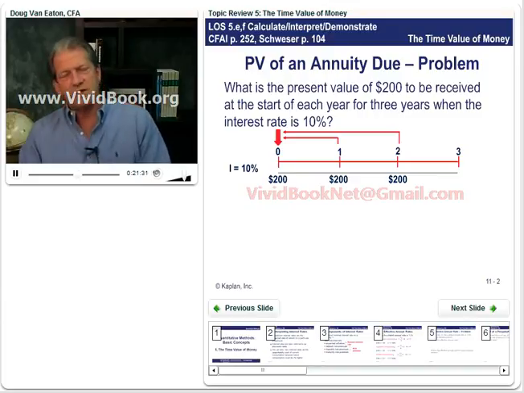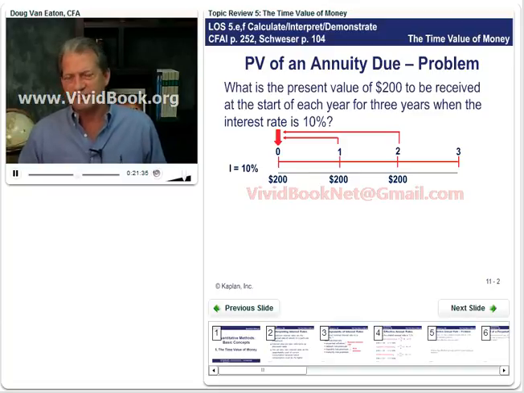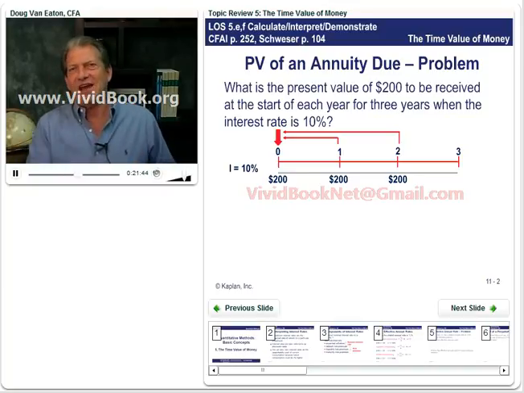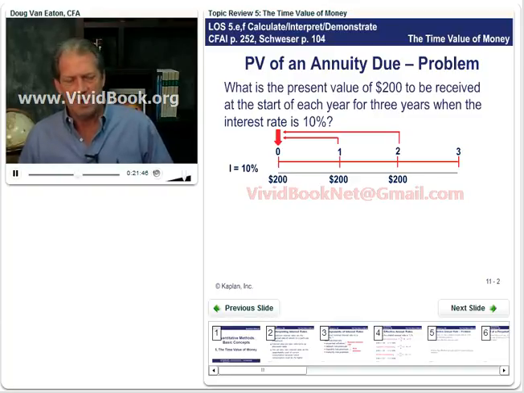If you won a $1 million lottery that paid you $50,000 a year each year for the next 20 years starting today, remember that last payment would come 19 years from today, which is the beginning of that 20th year. So for an annuity due, see where the red arrow is now? It's on the date of the first payment.